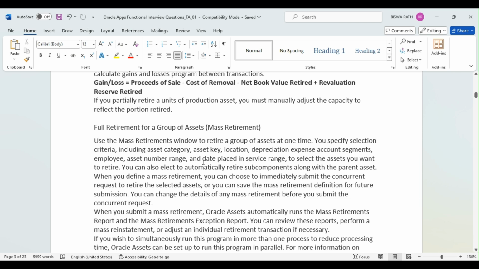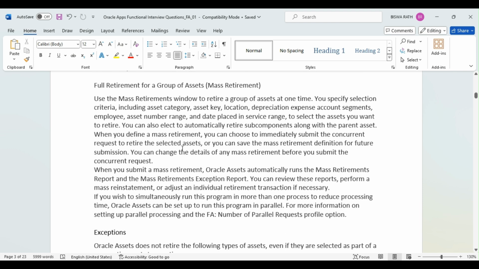So next is, if you partially retire a unit of production asset, you must manually adjust the capacity to reflect the portion retired. Okay. So this is basically the overall detail of how we can do the retirement. You can do one retirement at one go, or you can do a mass retirement, provided an Excel file which is integrated with the Oracle Financials tab, more like the ADFdi file. You can just click on the mass retirement and provide all the asset related information.